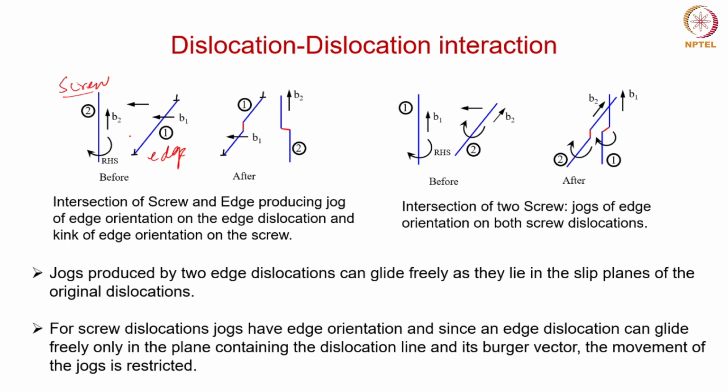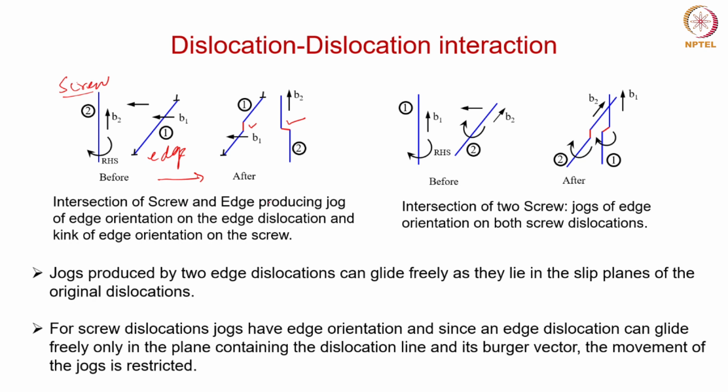So when these two dislocations meet each other, one screw and another edge, then you can see what is going to happen to each of these dislocations, okay. So as the dislocation 1 passes by dislocation 2, there is a step generated, as you could see here, right. Similarly, in the screw dislocation also a step is created, okay.